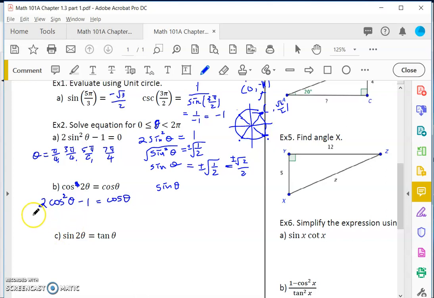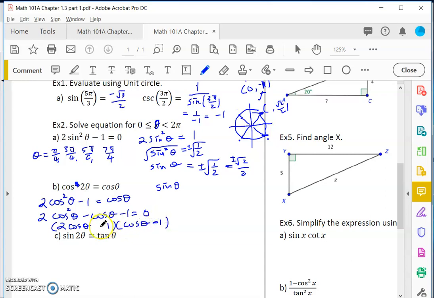To solve this, we know that this is again a quadratic. So 2 cosine squared theta minus cosine theta minus 1 equal to 0. So we would factor this as 2 cosine theta, and you can use trial and error to factor. What would this be? Is it a plus 1 or minus 1?